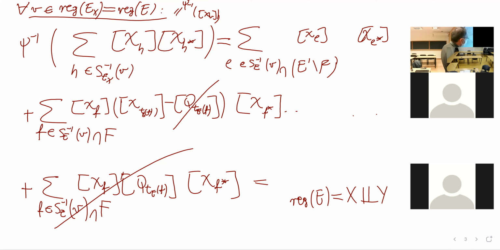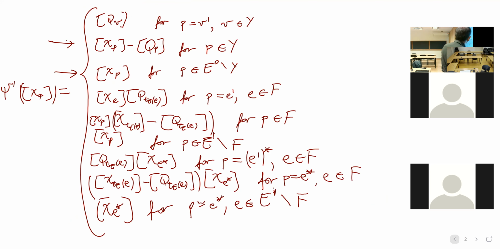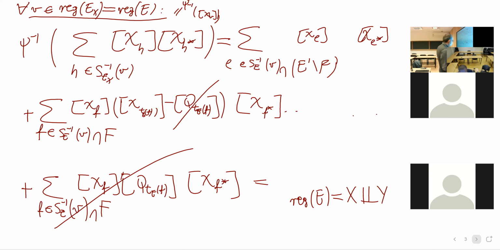And so V can be in X or it can be in Y. And now when we look at the formula over here, this is consistent, because if P is in X, then I can write chi P minus the class of QP, because QP is 0 when P is in regular minus Y. So that's why I don't have to write the cases, and this is my formula. Yes, I have to write the cases because P can be beyond regular vertices. So this proved it.